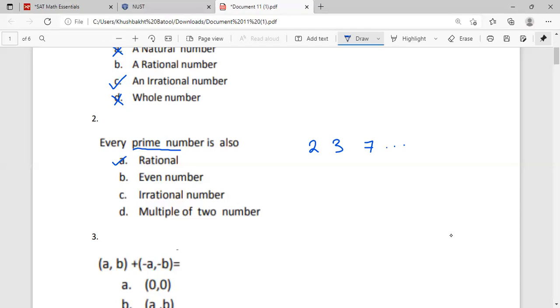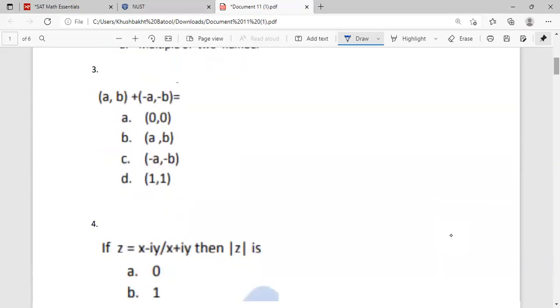Okay, all right. So let's talk about the third question. The third question has two ordered pairs that are being added. For ordered pairs, we should know that if x1, y1 is our first ordered pair and x2, y2 is our second ordered pair, when they are being added or subtracted, we need to be careful that we work order-wise.